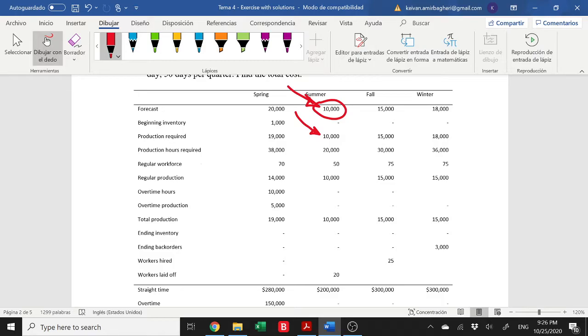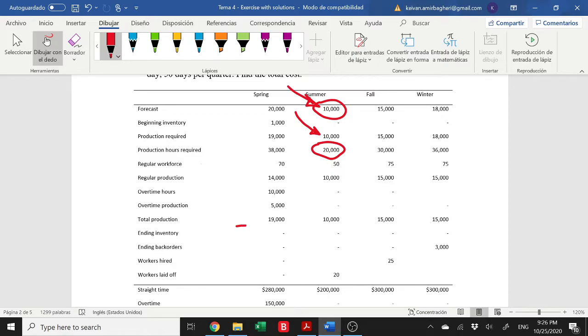Okay, so again, as we know, the productivity is 0.5 worker hour. So the production hours required is 20,000. But if I continue with 70 workers here, what I produce will be 14,000.